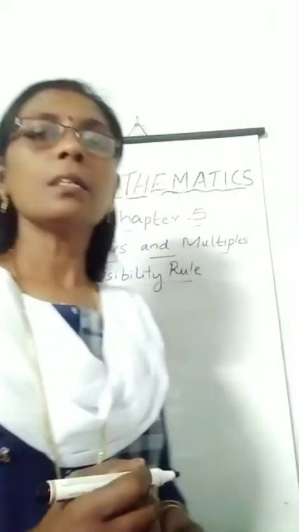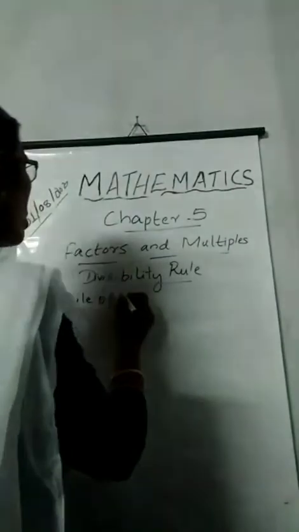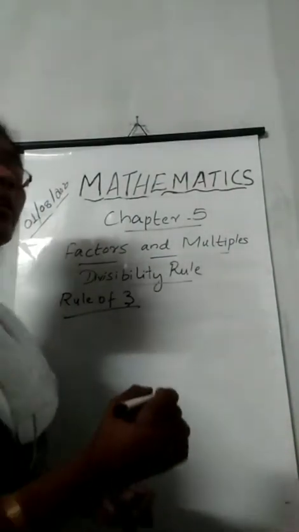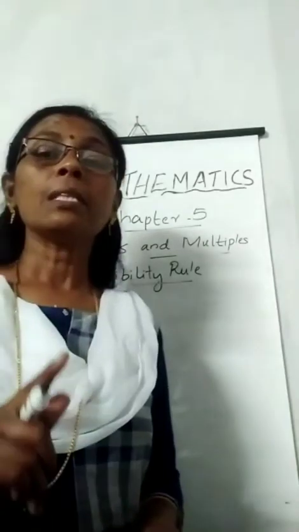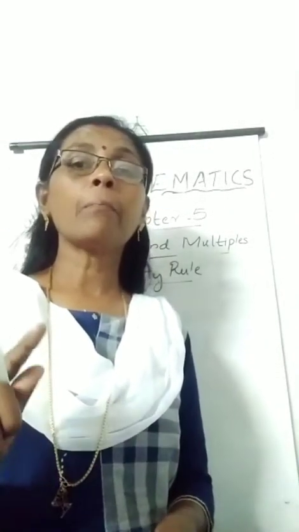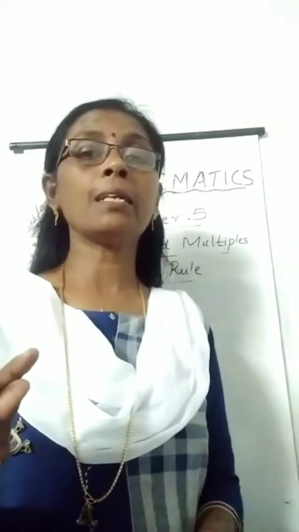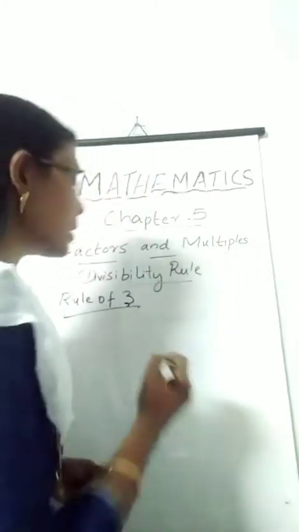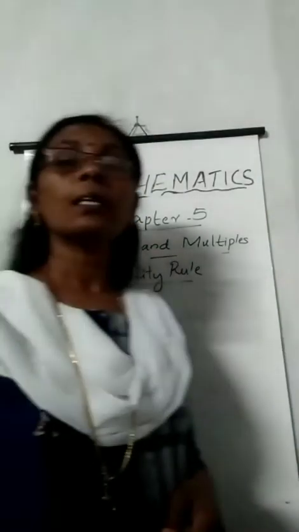Now let us take the rule of 3. What does the rule of 3 state? It states that if the sum of the digits in a number is a multiple of 3, then that number is divisible by 3. Let us take the same example, 124, and check whether it is divisible by 3.